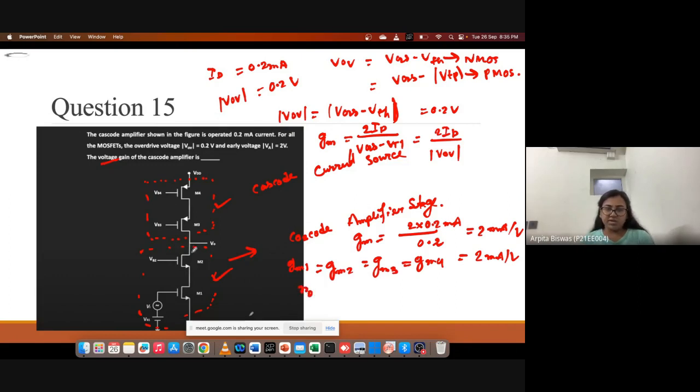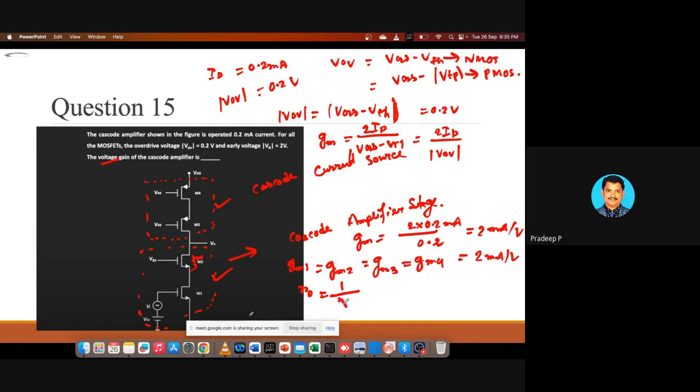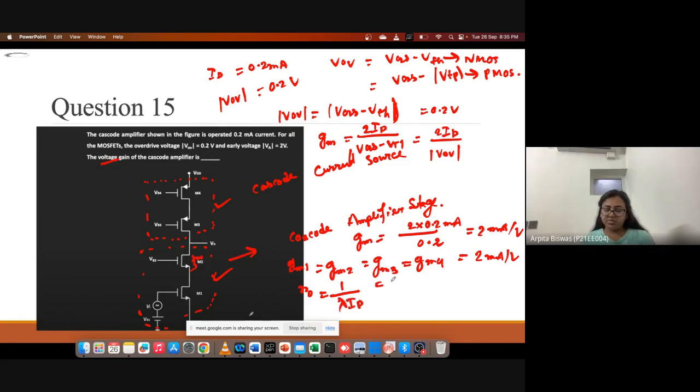So we have to find the R naught. All the transistors have R0. The formula to calculate R naught is 1 by lambda ID, where lambda is 1 by the early voltage, so R naught is VA by ID.